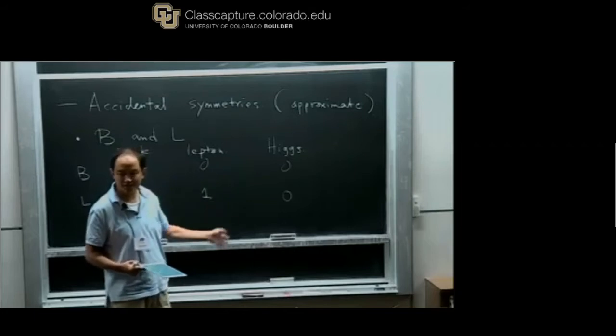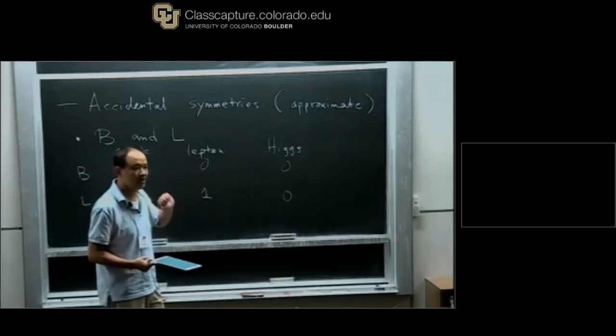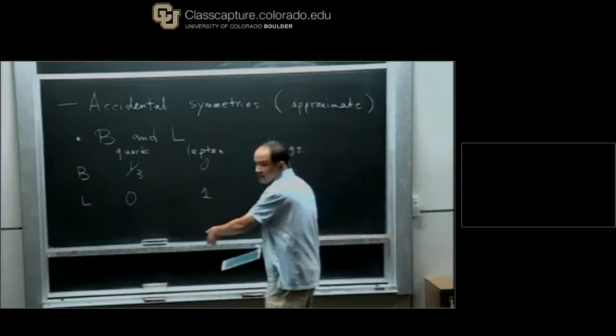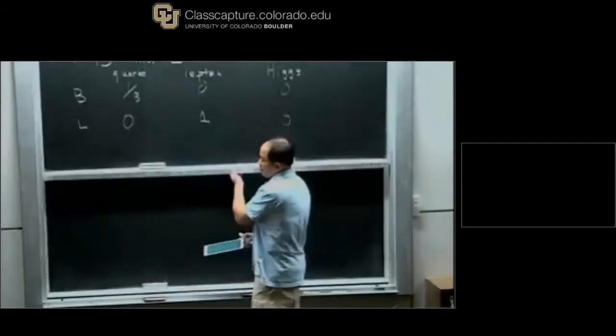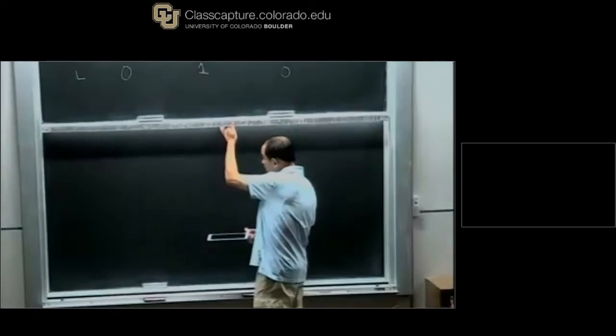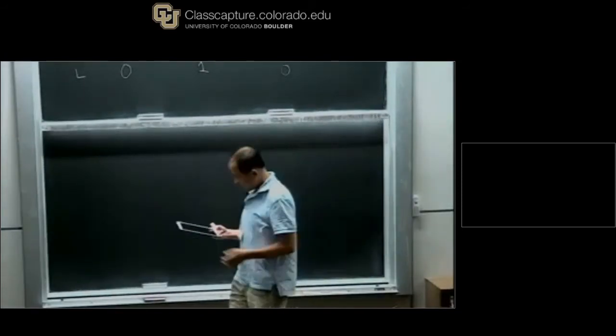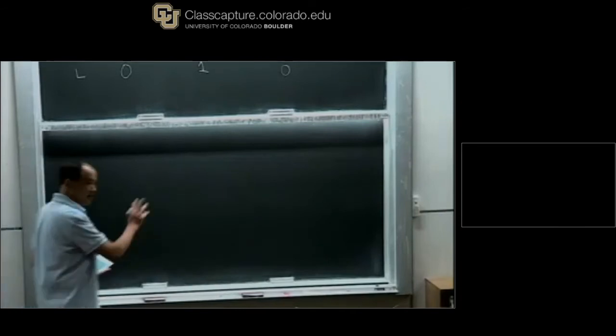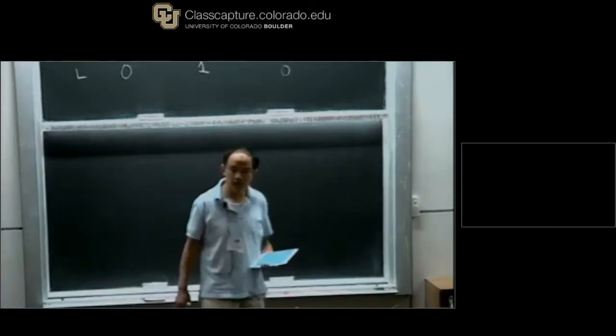That's a somewhat more subtle point. So let's put the anomaly aside. These are accidental symmetries. Okay. Now, as I said, these are approximate, right?